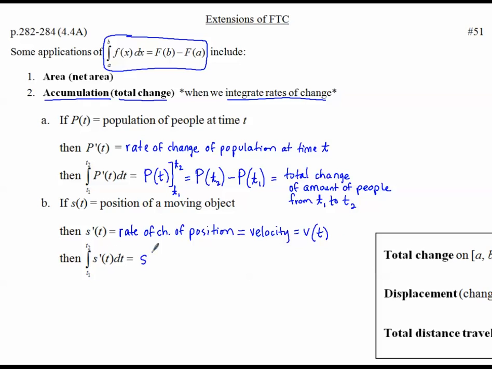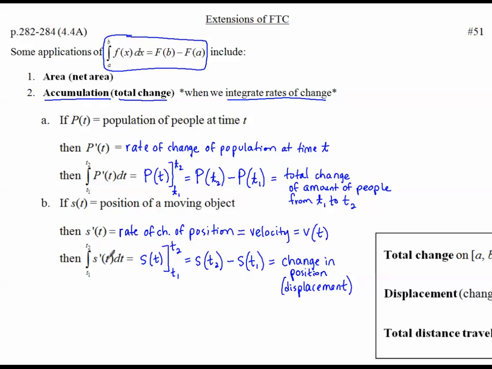That leaves me with just s of t evaluated from t sub 1 to t sub 2, or rather, the position at time 2 minus the position at time 1, or better known as the change in position. Change in position has another name. It's called displacement.